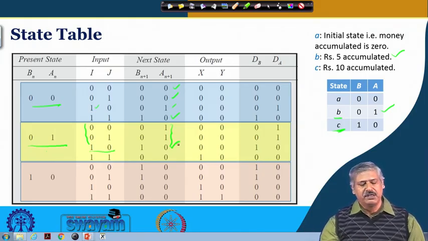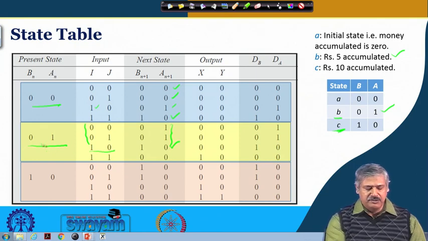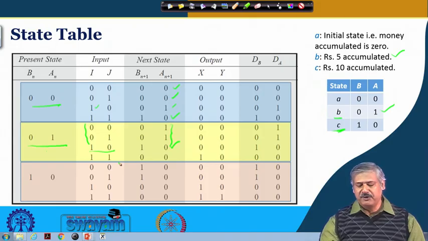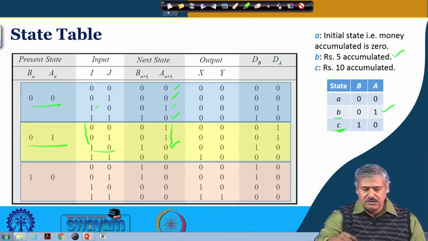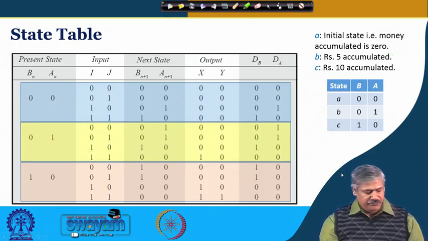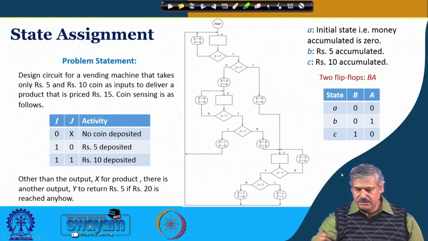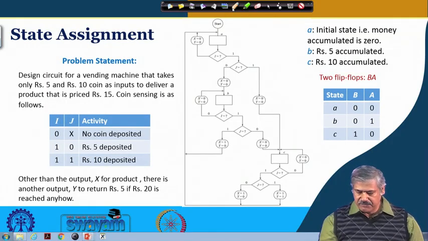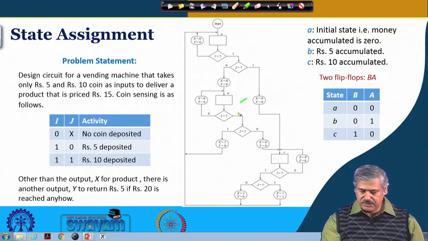And from 0 1, if it is receiving a 1 1, that means rupees 10 on top of rupees 5. So if we go back to the ASM chart, we can see this is state B, and this is 1 and this is 1, right.